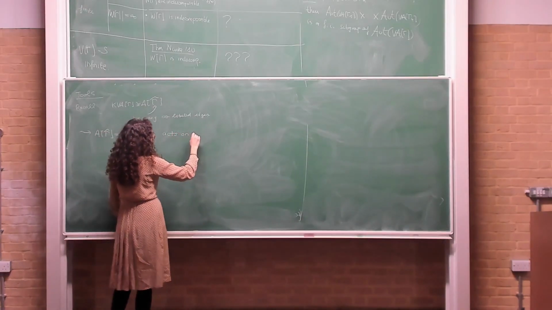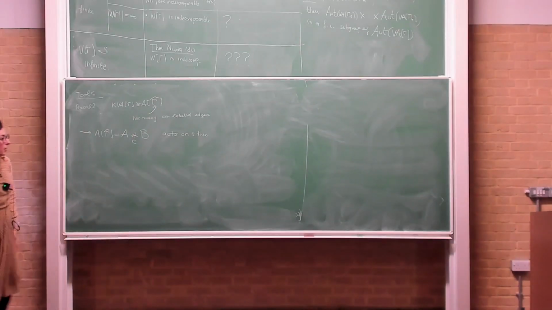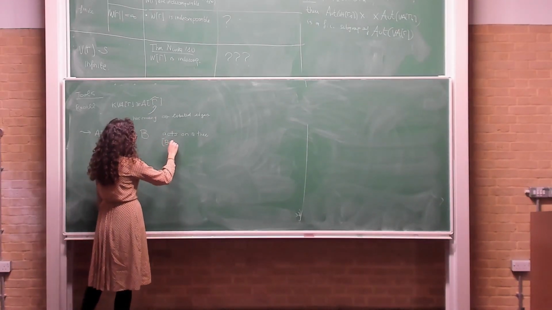This group naturally acts on a tree, which is the tree associated to amalgamated products. We can use Bass-Serre theory.